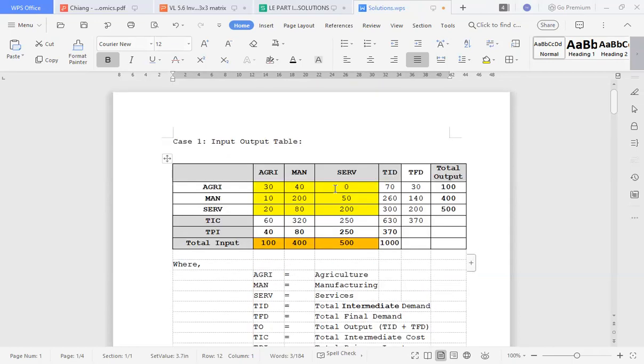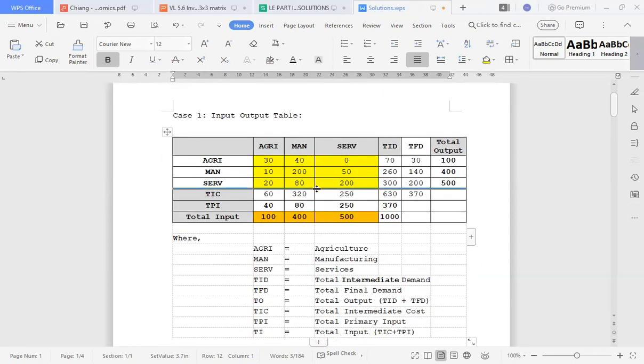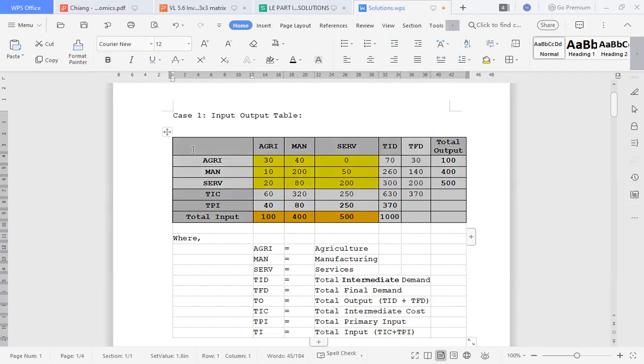The first thing to do is to have an input output table to understand what numbers you will be using. Normally, I'll just give you an input output table, and you will need to identify the numbers that you need to get the matrix of inter-industry coefficients, or the IO technical coefficients.